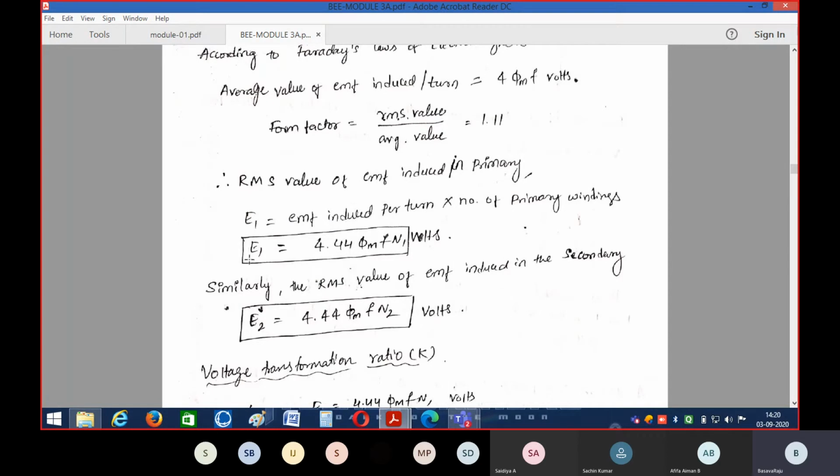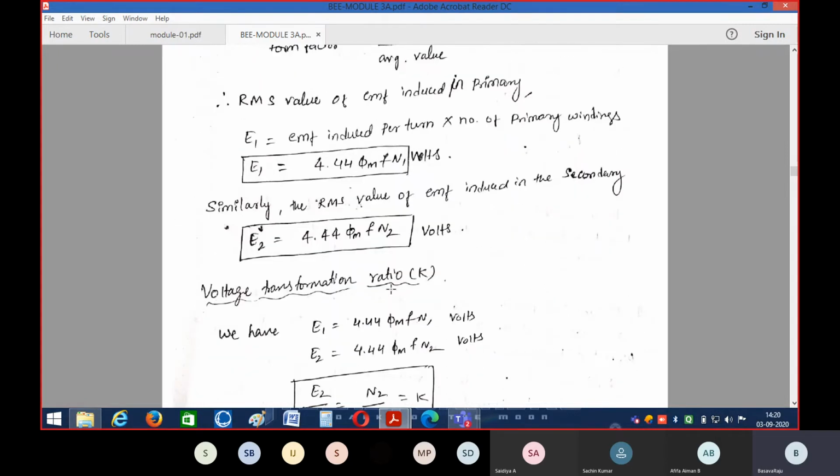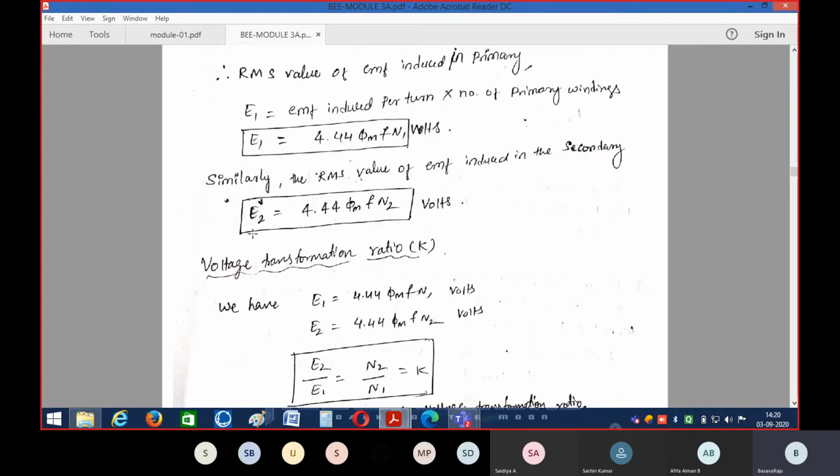So the amount of EMF induced in the primary winding we can calculate by this simple equation, 4.44 phi maximum F into N1, and we call this the EMF equation, which is helpful in calculating the EMF induced in the primary winding of the transformer. In the similar way, the amount of EMF induced in the secondary winding, E2, can also be calculated by the simple equation 4.44 phi maximum F into N2.